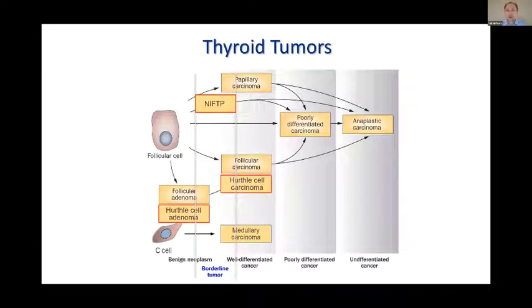One such lesion is NIFTP, or non-invasive follicular thyroid neoplasm with papillary-like nuclear features. We will also briefly talk about it. It may have less impact on the oncologic aspect of thyroid cancer, but it's important for our understanding of how thyroid cancer develops.